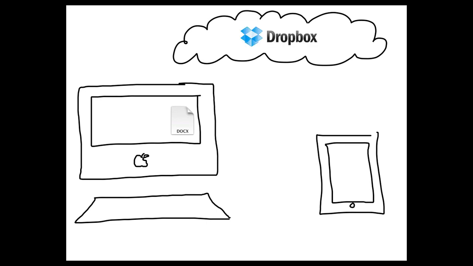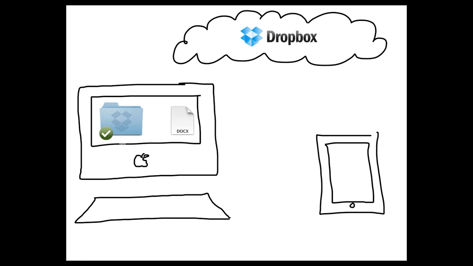Okay, so first thing you're going to want to do if you're going to use Dropbox to sync some documents is you're going to have to install Dropbox on your desktop computer. You go to dropbox.com, you download the application, install it on your computer.